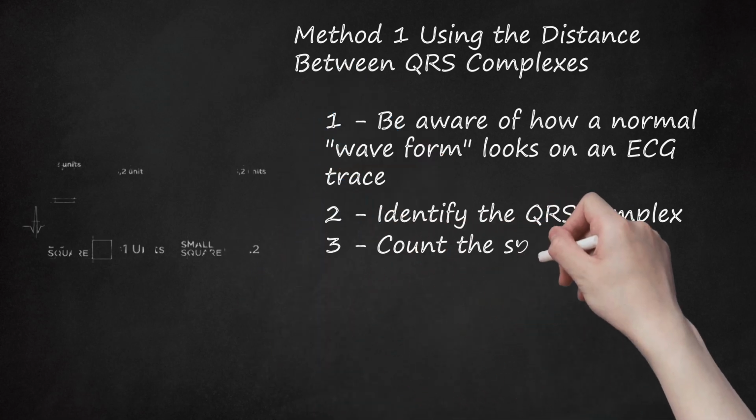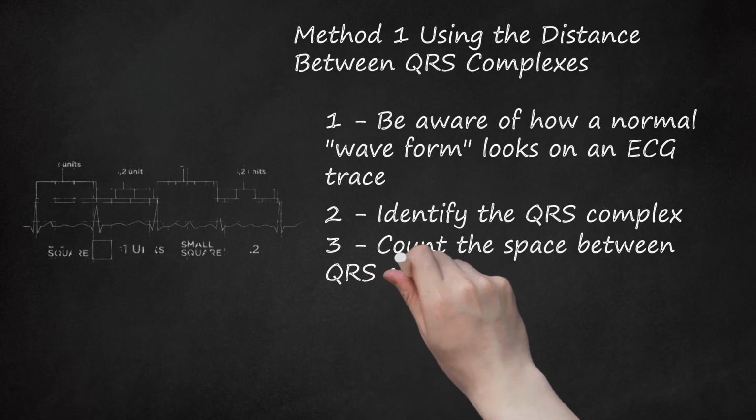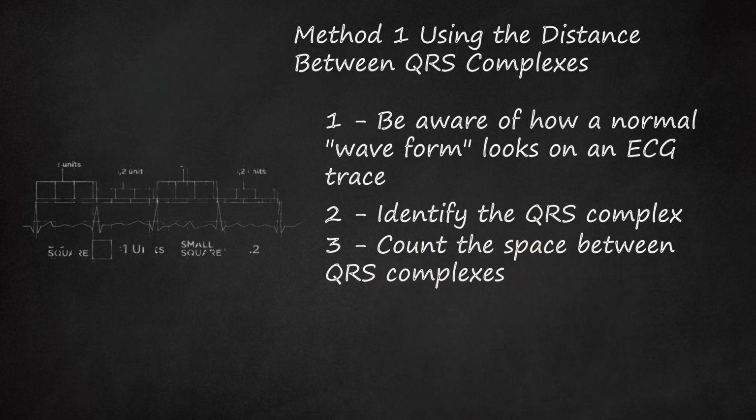3. Count the space between QRS complexes. The next step is to determine the number of large squares on the ECG trace separating one QRS complex from the next QRS complex. The ECG normally has both small squares and large squares. Be sure you are using the large squares as your reference point.